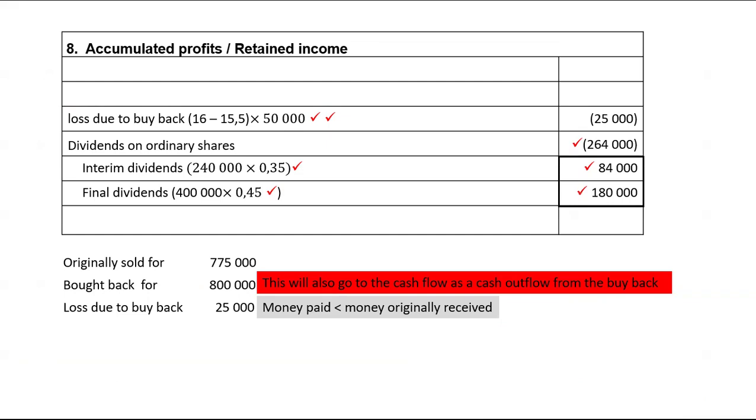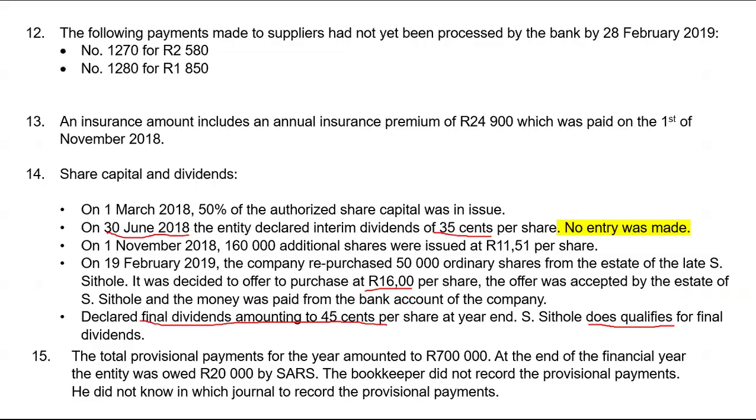The next item that needs to go to retained income will be your net profits. For me to figure out what my net profit is, I need to find out how much tax we have incurred.